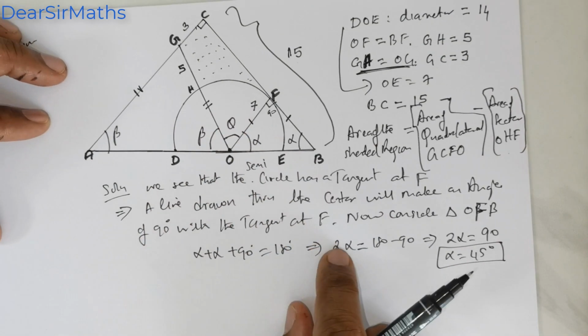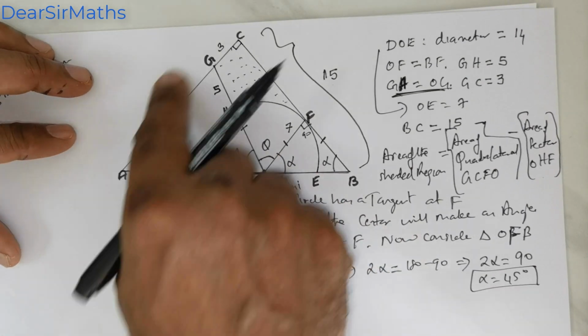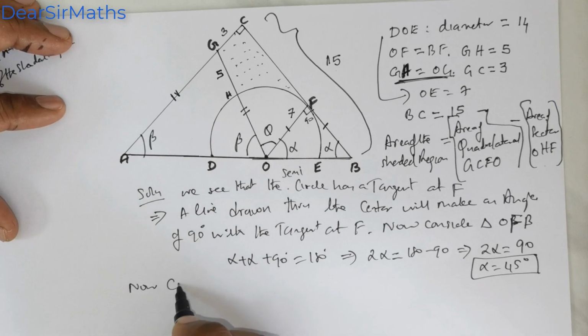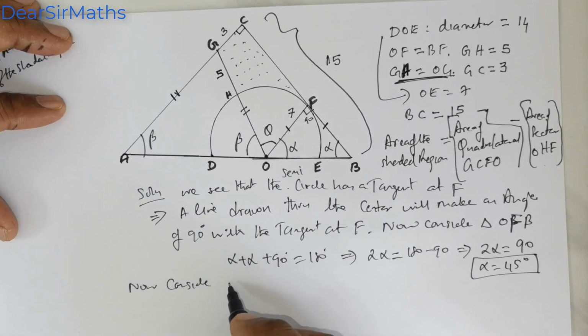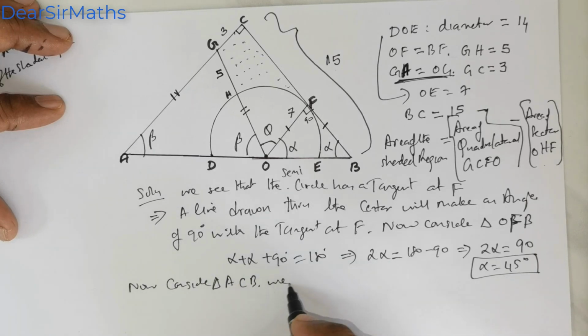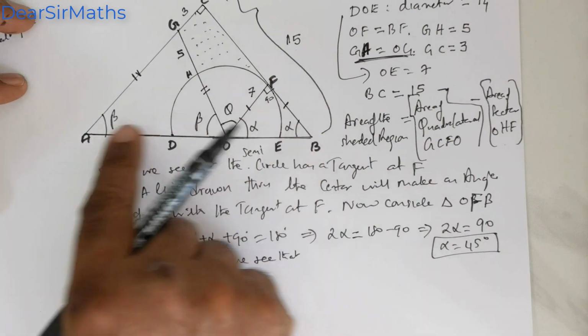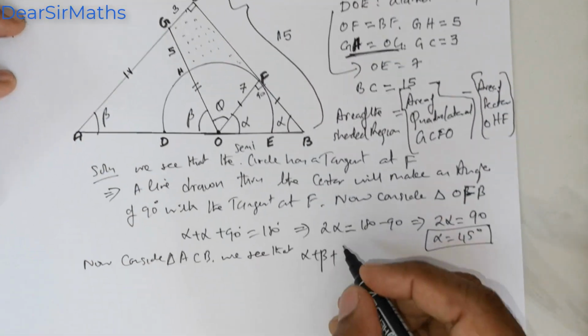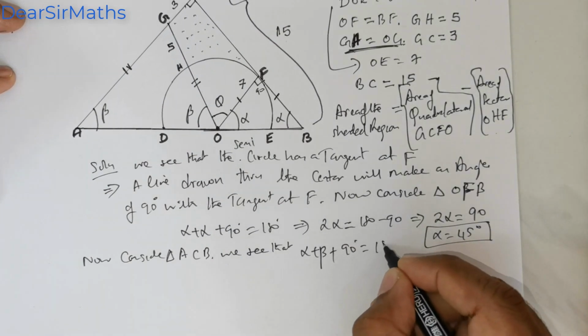Now if I were to consider this entire triangle, now consider triangle ACB. We see that, what do we see? Alpha plus beta plus this is 90 is equal to 180.